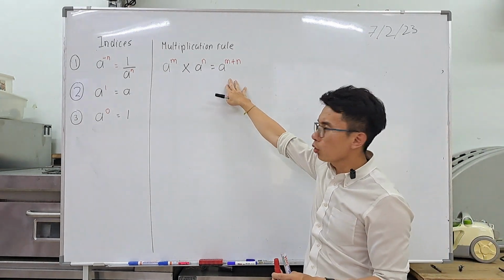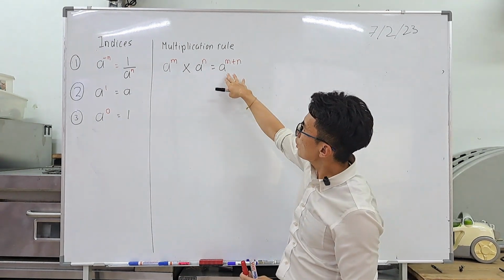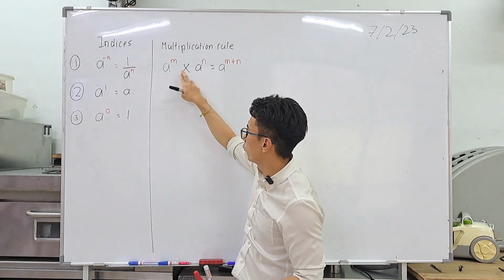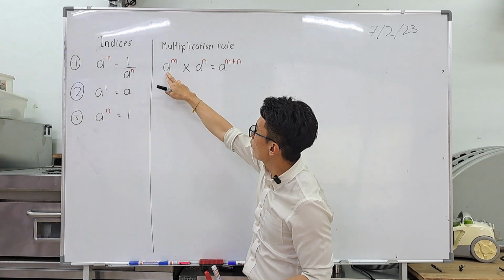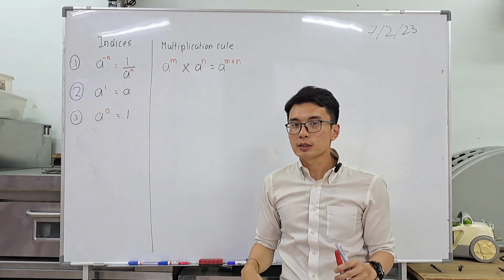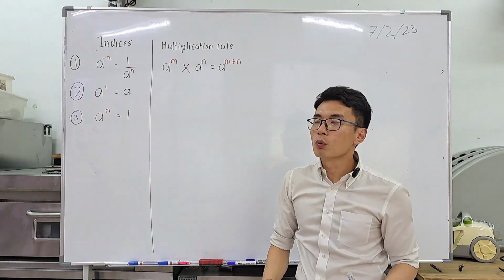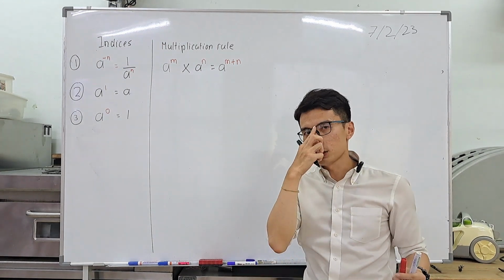Let's take a look at what happened here. This rule is saying that when you are multiplying both numbers with their respective powers, if the a is the same, you can add their powers. Let's start with a simple example.